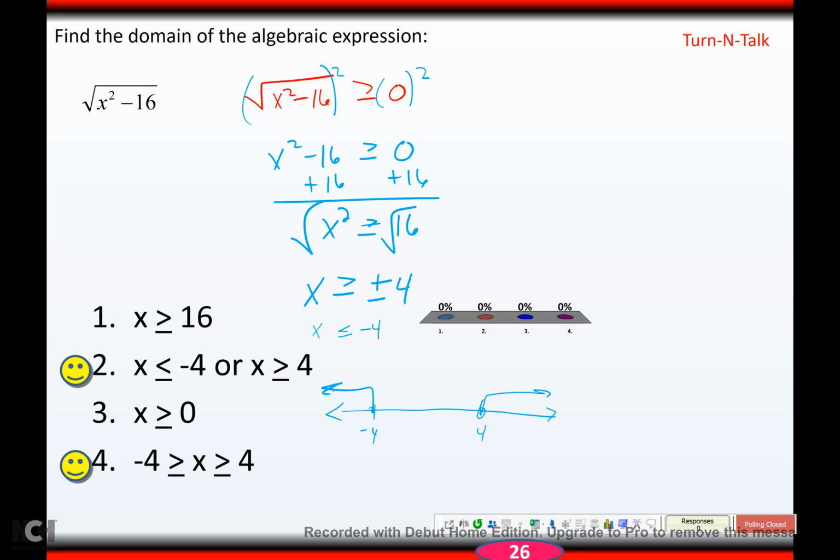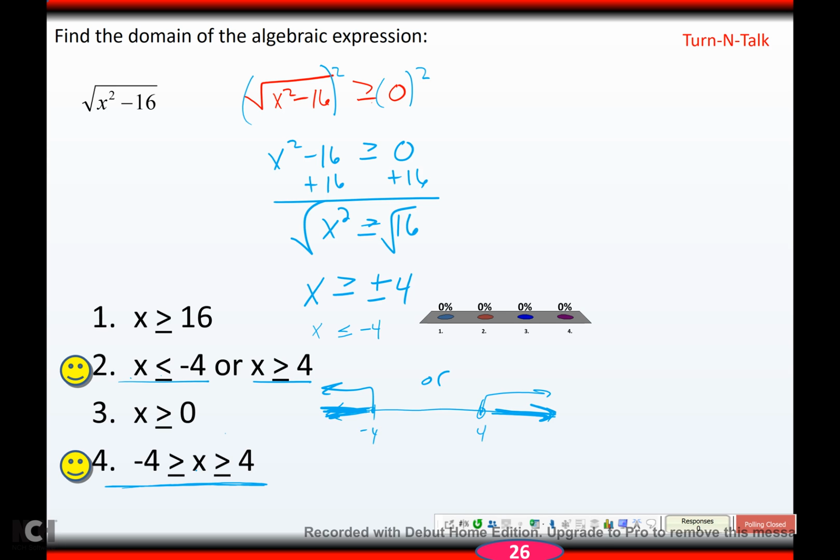Now I need to caution you, I think your answers are different because I caught the mistake in the author. I used the author's answers. And your bottom answer, I do believe, has your inequalities pointing the other way. That's a typo. And if you look, what I'm saying is, this is my domain, which says x has to be less than negative 4, or x has to be greater than or equal to 4.